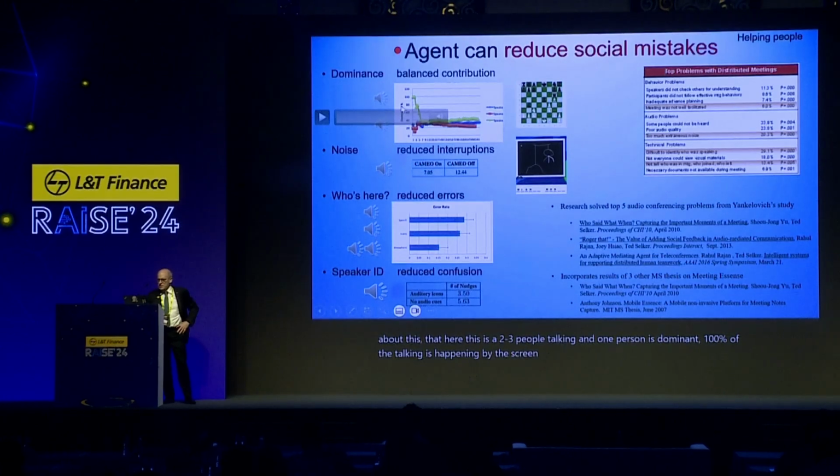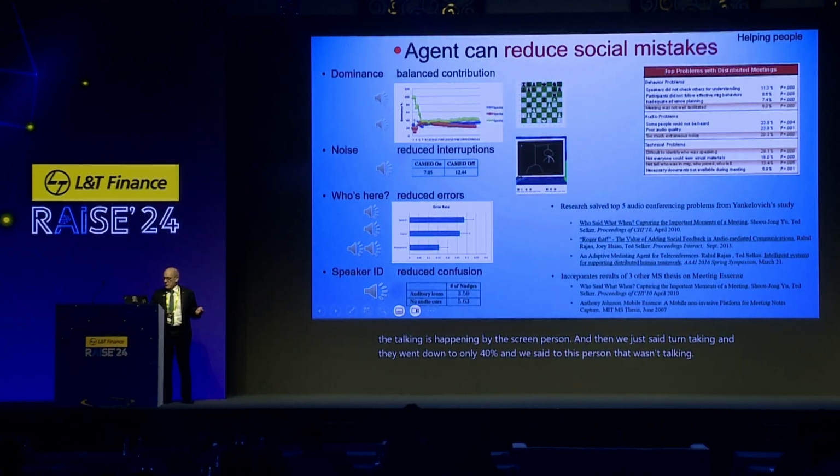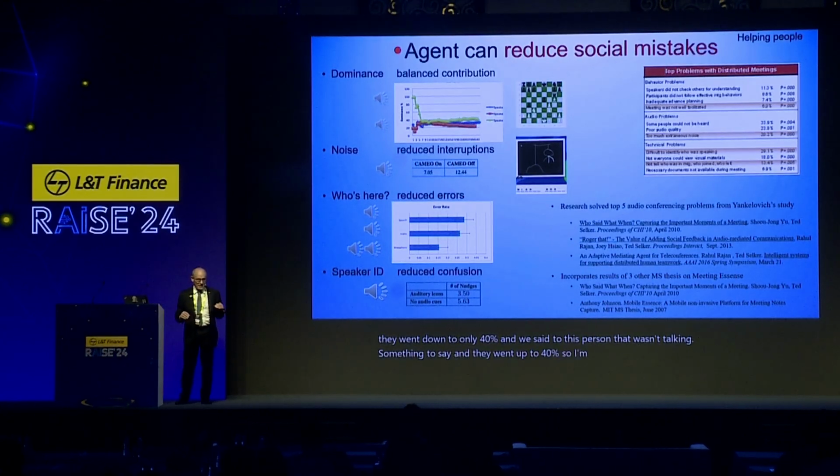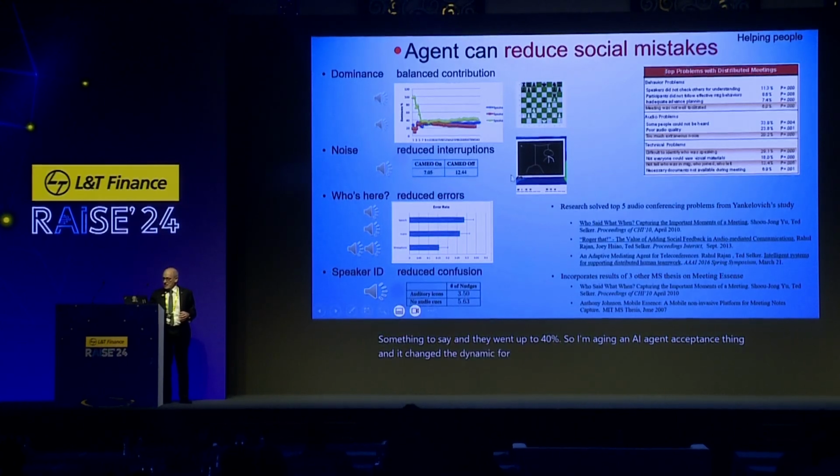And then we just said, turn taking, and they went down to only 40%, and we said to this person that wasn't talking, something to say, and they went up to 40%. So an AI agent said these things, and it changed the dynamic for minutes. They actually followed the direction.